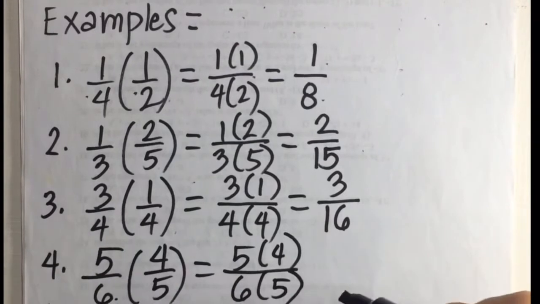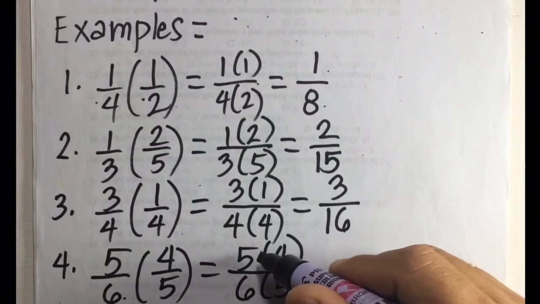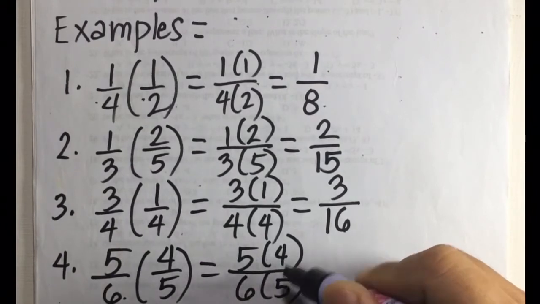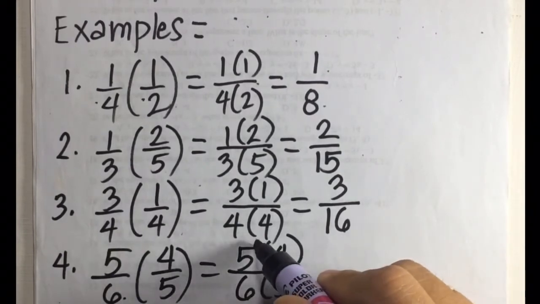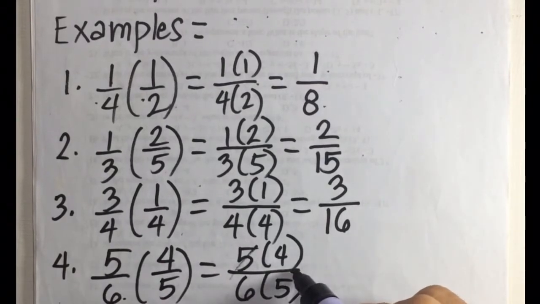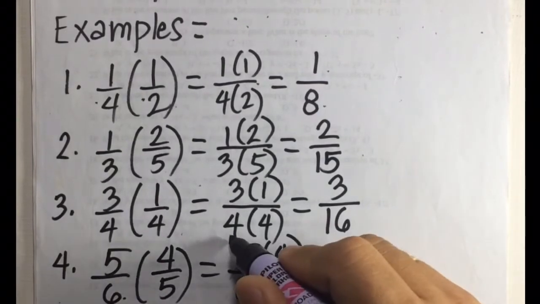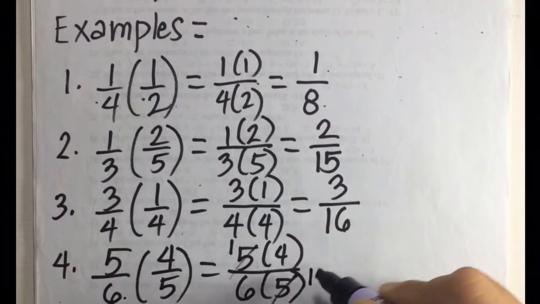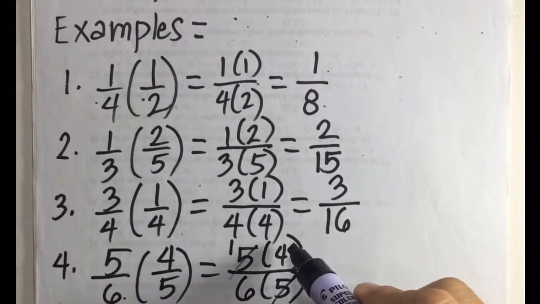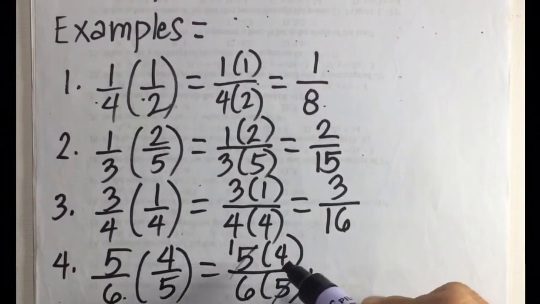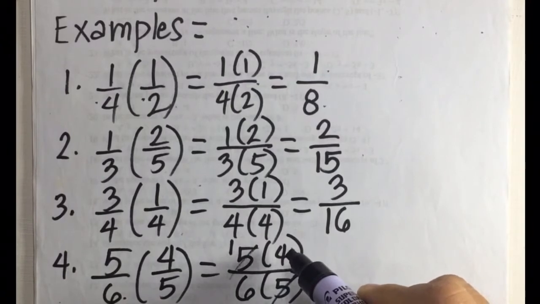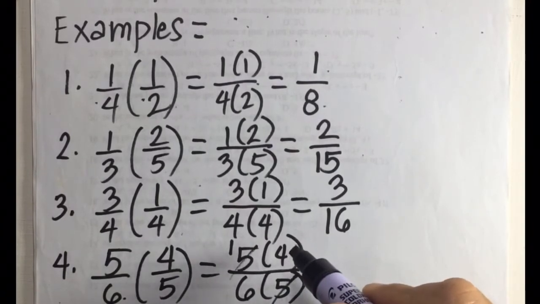Now in this example, you can apply the cancellation process. Here we have 5 in the numerator and we have 5 in the denominator, so you can cancel 5. This will become 1, and this will become 1. And 4 and 6 are also divisible by 2, so we can divide the numerator and denominator by 2.